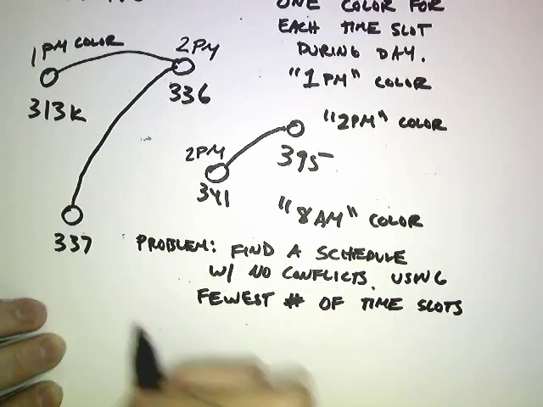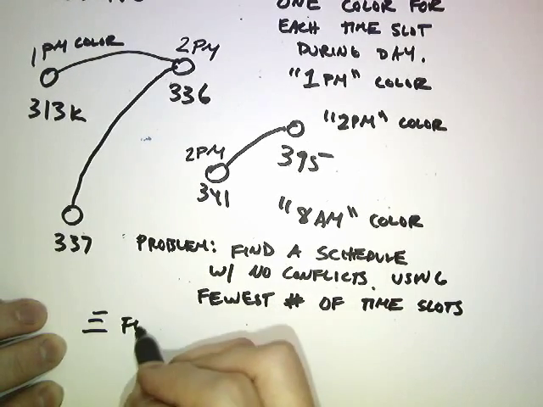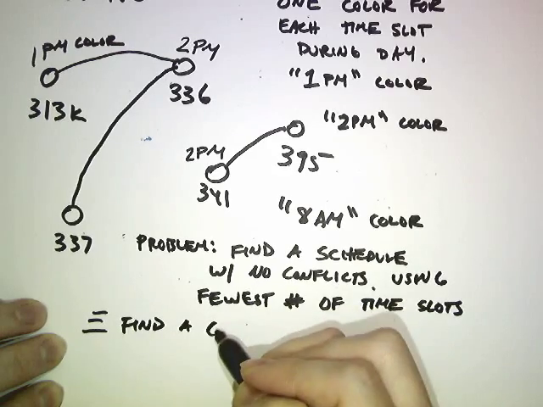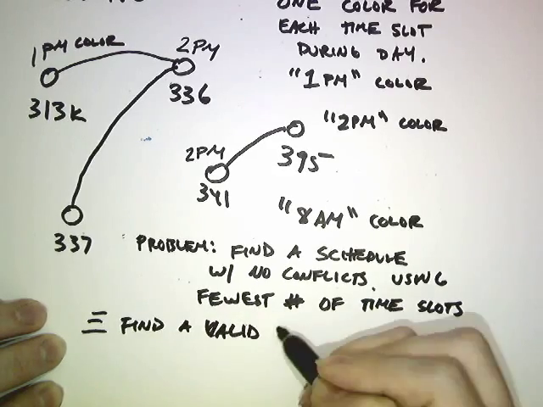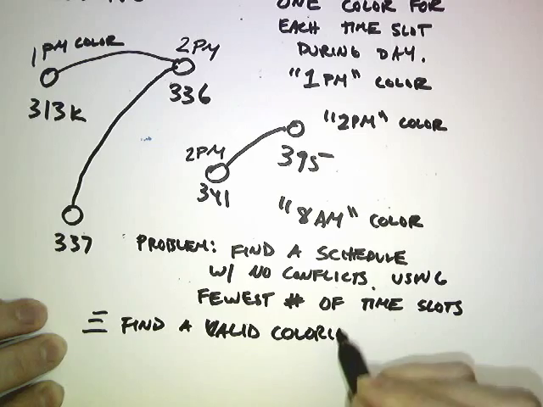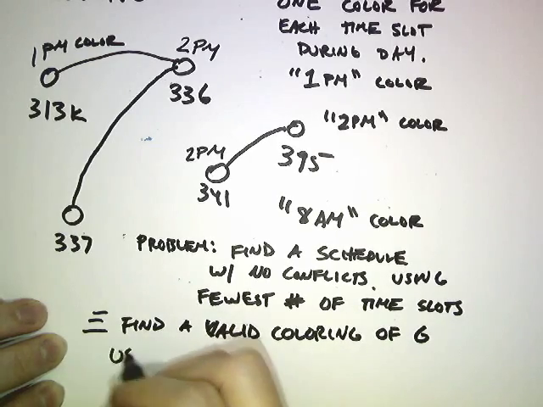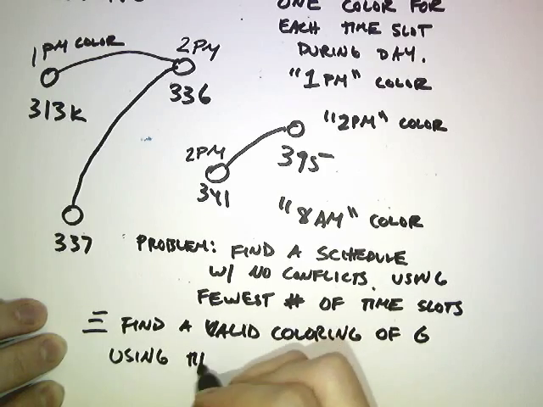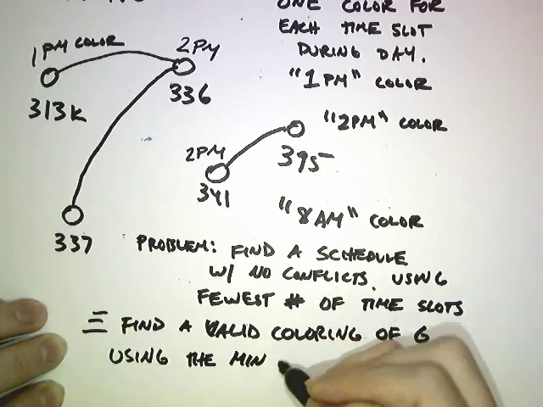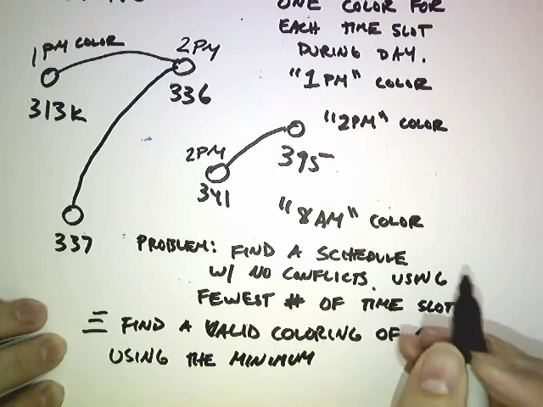This is exactly equivalent to find a coloring, a valid coloring of G using the minimum number of colors.